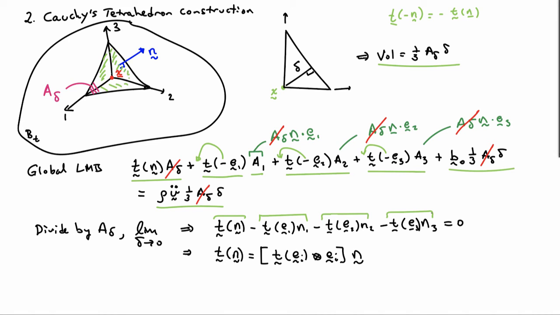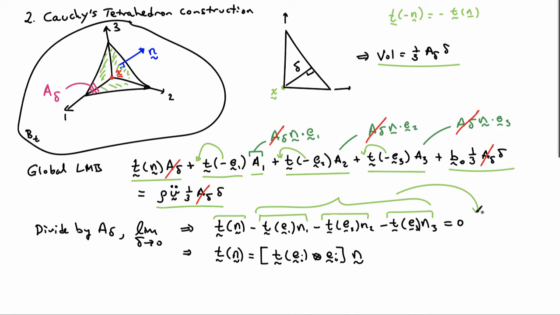So I can crunch those last three terms together and move them to the right-hand side, and I can express them as T acting on Ei, outer product Ei, acting on n.